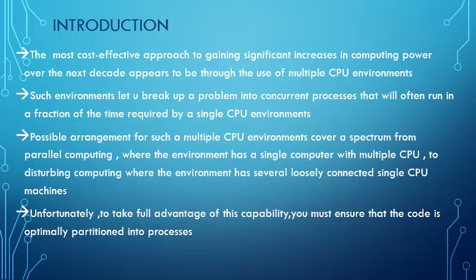Unfortunately, to take full advantage of this capability, you must ensure that the code is optimally partitioned into processes. Once you have done this, you must map the processes into processors. If you do the partitioning or mapping poorly, you might actually get a net slowdown or incorrect behavior.